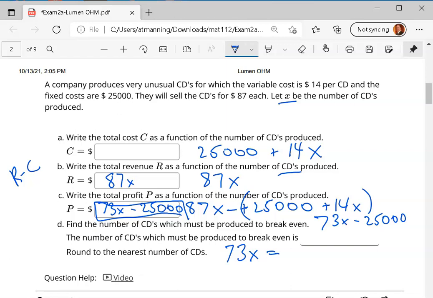So when 73x equals 25,000, that's when I'm breaking exactly even. So to break even, I say x is equal to 25,000 divided by 73. And they said round to the nearest number of CDs. I would round it up, but they did say round.